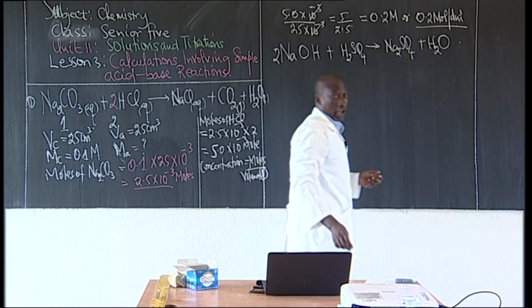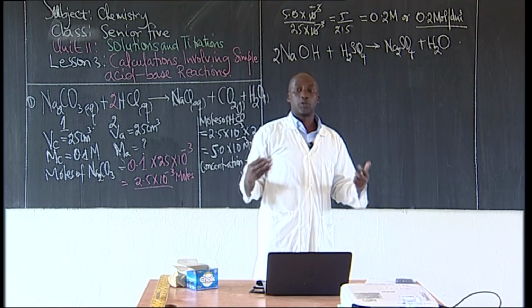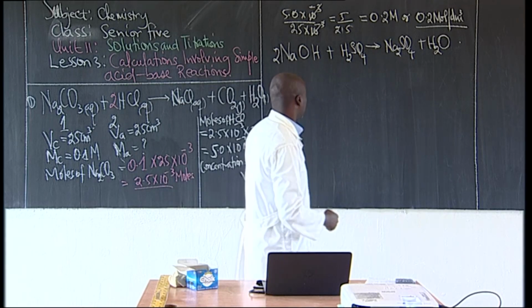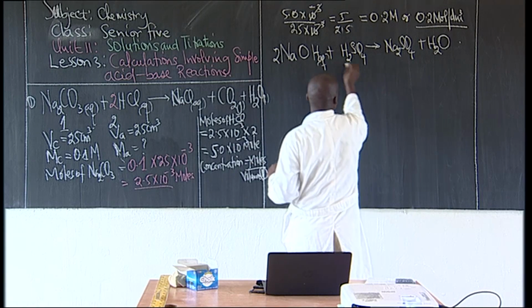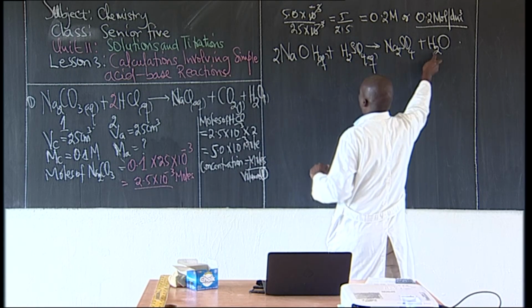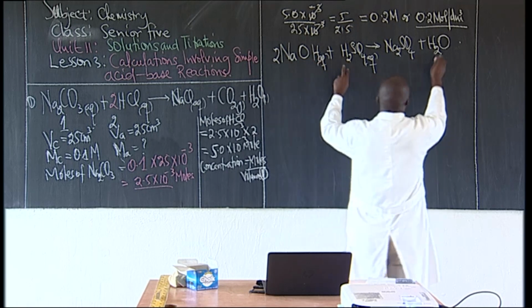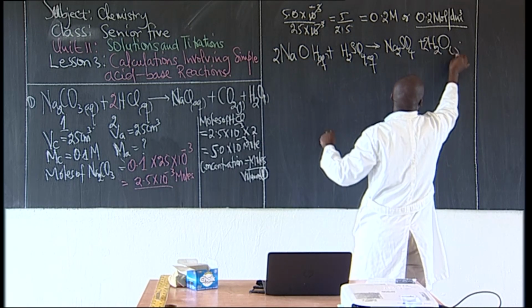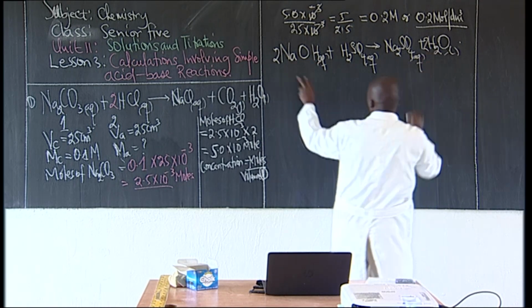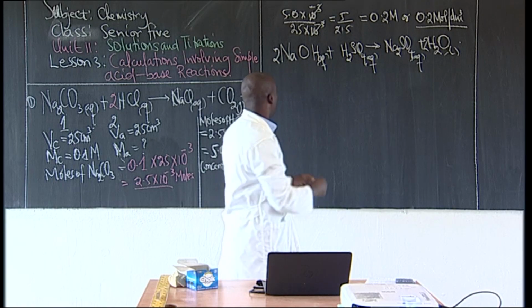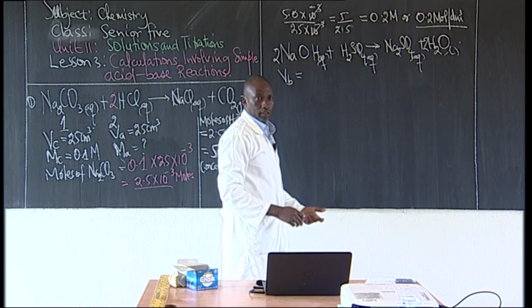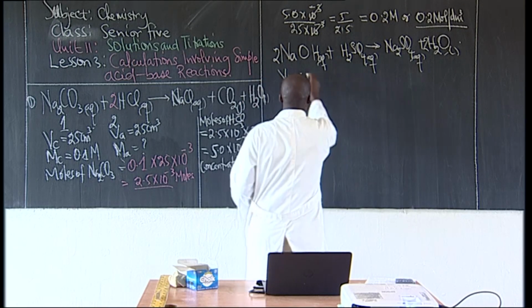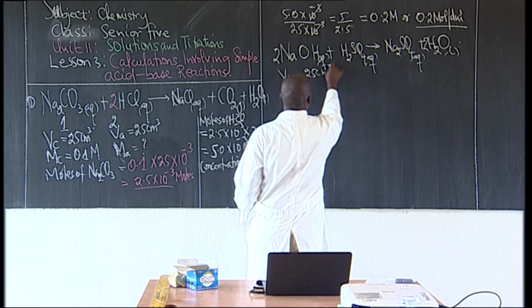The equation, I remember I said that is what we need to start with always. Is this equation balanced? When you look at the equation here, the hydrogens, there are 2 here, so we need 2 here to balance that equation. After that, you have the volume of the base, sodium hydroxide. That volume is 25 cubic centimeters.